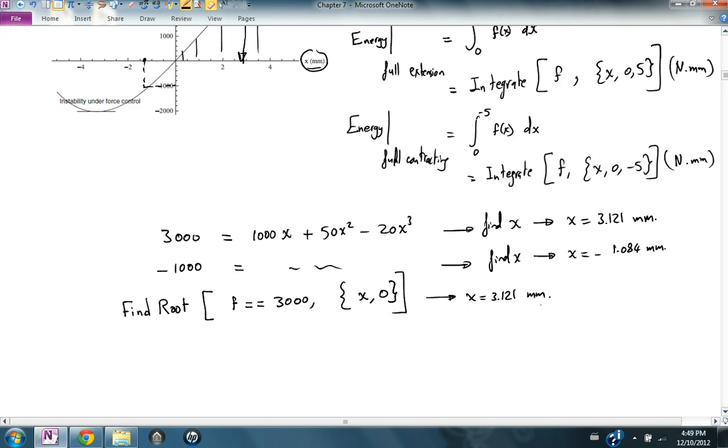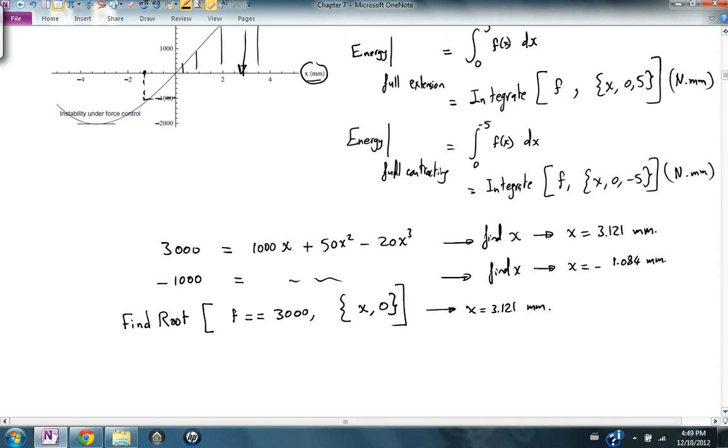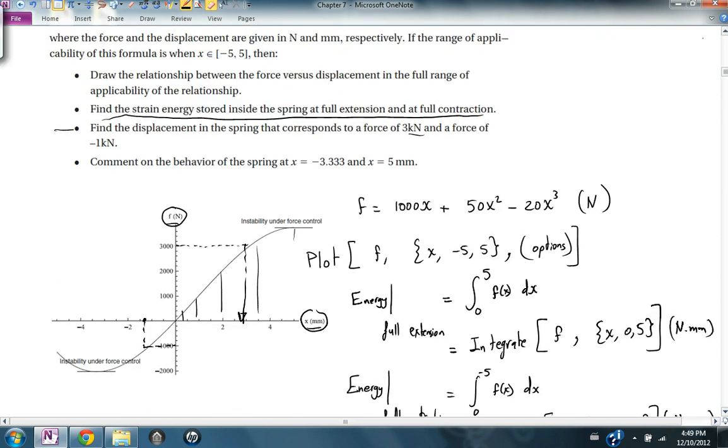Now, in the last part of the question, it states comment on the behavior of the spring at x equal -3.33 and x equal 5. At x equal 5, you're going to find that this is unstable under force control because the slope of how the force changes with respect to the displacement is 0.